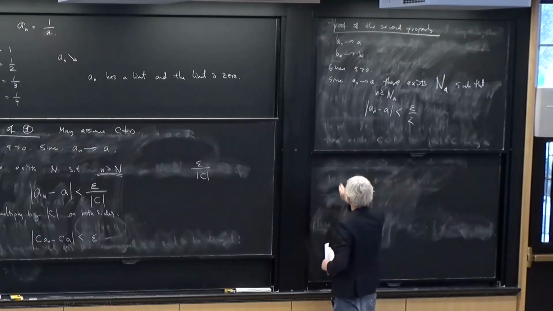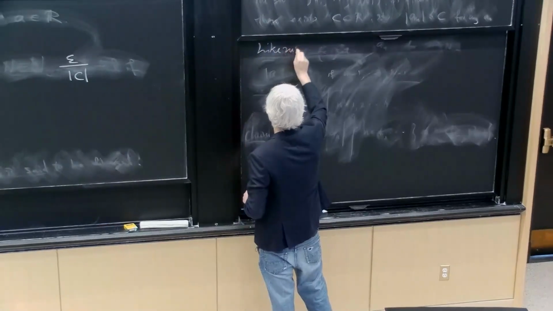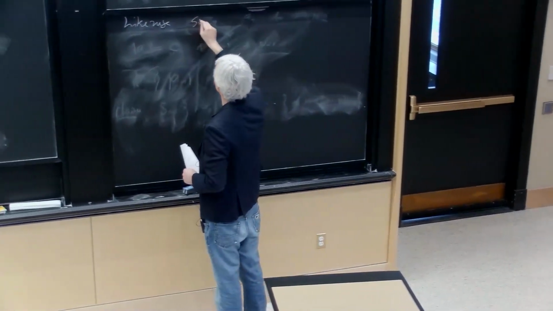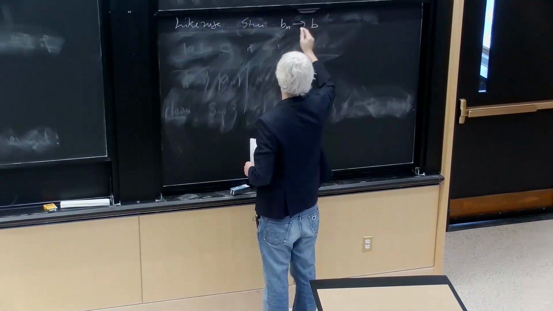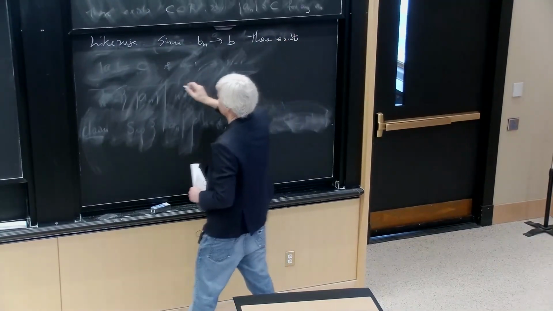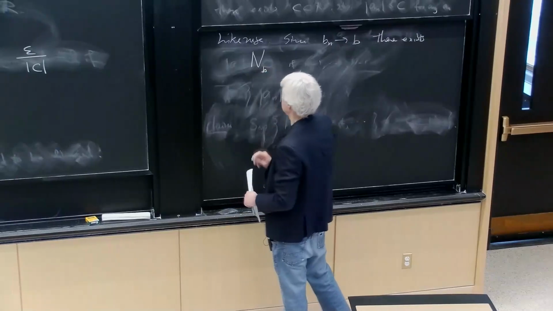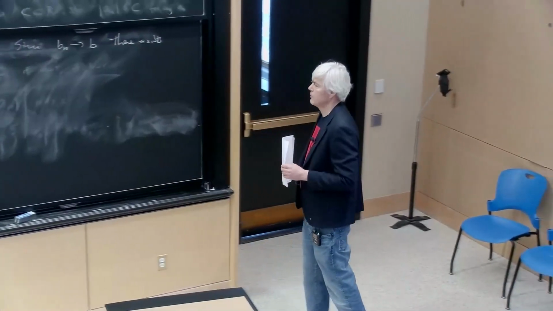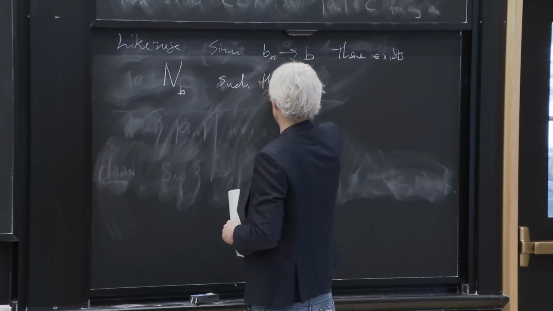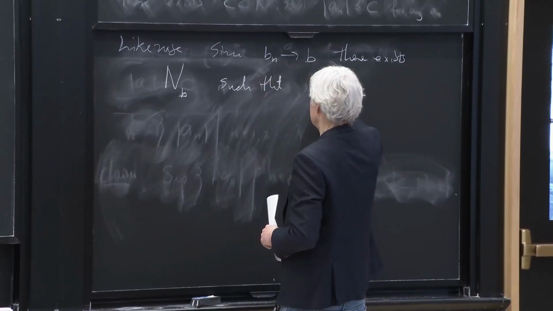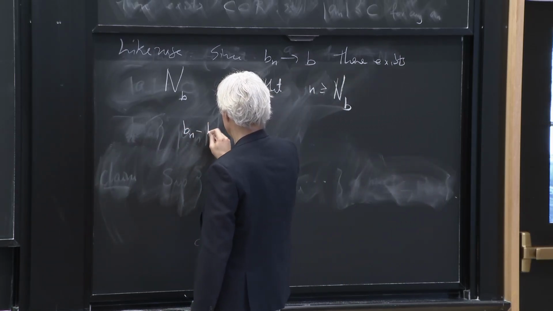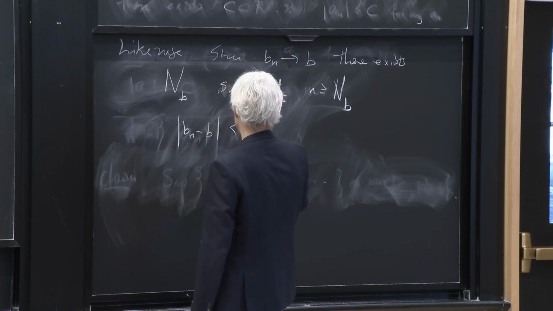And likewise, since Bn converges to B, there exists a capital N, and I denote it by N subscript B, which may be different than the one coming from the sequence An, such that if little n is bigger than this capital N subscript B, then |Bn minus B| is smaller than epsilon over 2, okay?